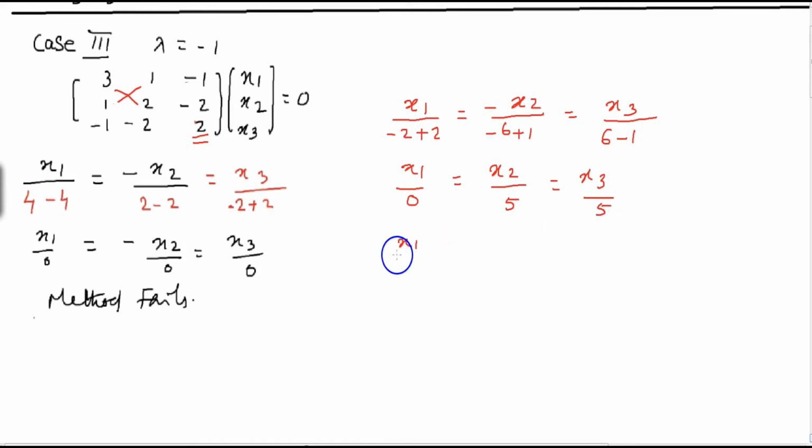Eliminating common factor 5 from denominator, we get x1 by 0 equal to x2 by 1 equal to x3 by 1. That gives the vector x3 is equal to 0, 1, 1.